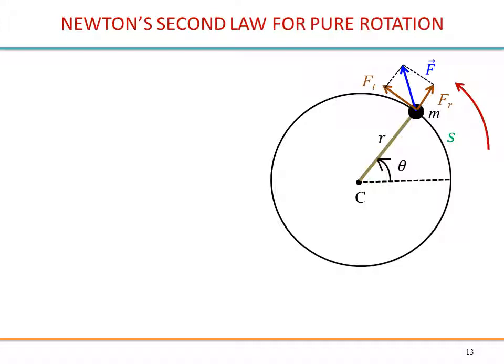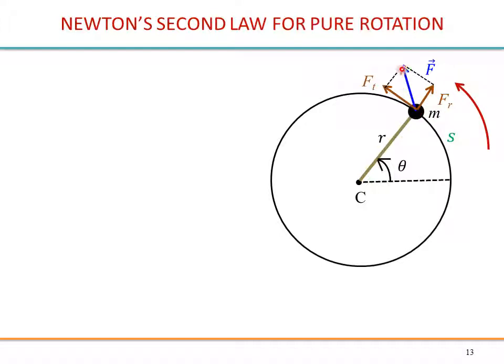Let us now establish Newton's second law for pure rotation. So we have here a point mass m rotating in a horizontal plane, so that gravity is along the vertical line, going into the page, and there is a reaction going towards us.